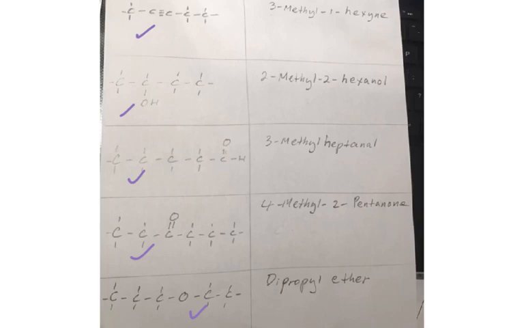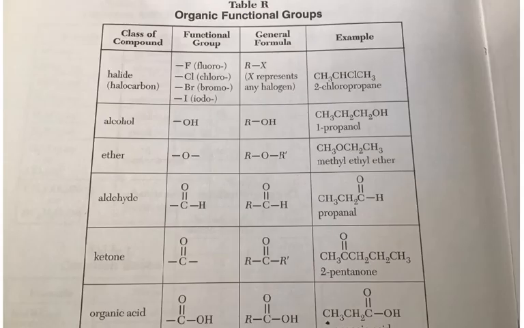Now before I wrap this up, I want to show you something really quick. I know we're naming these guys and some of us might be a little intimidated, but here's the deal. All these guys have oxygens in them, yes? But they're all different. Remember, you have table R at your disposal, right?